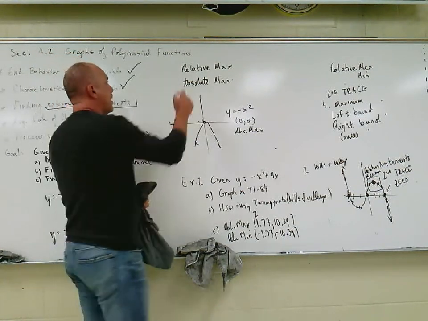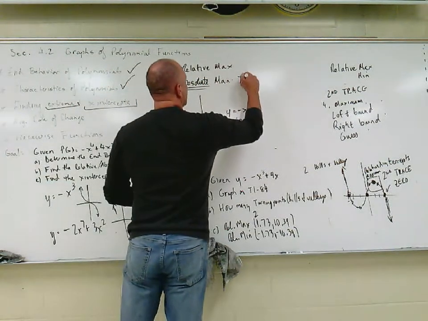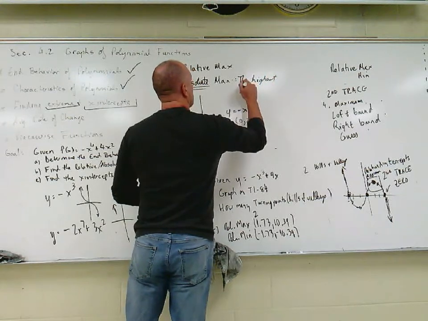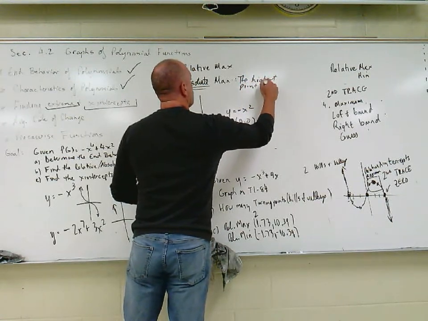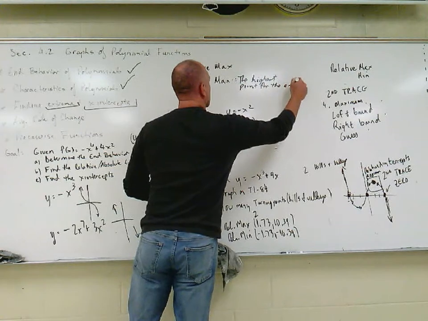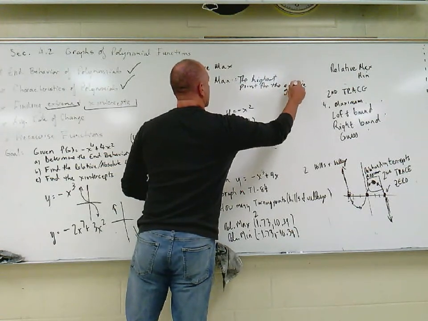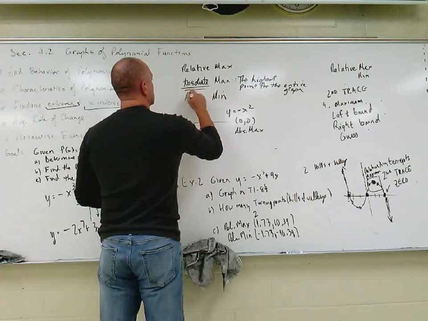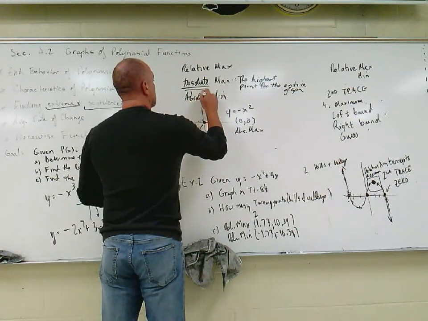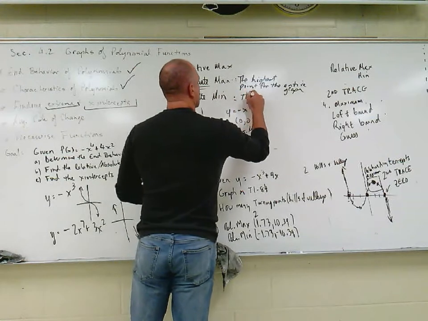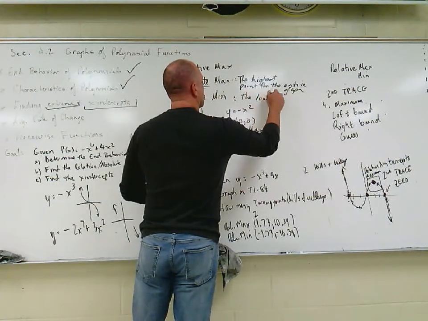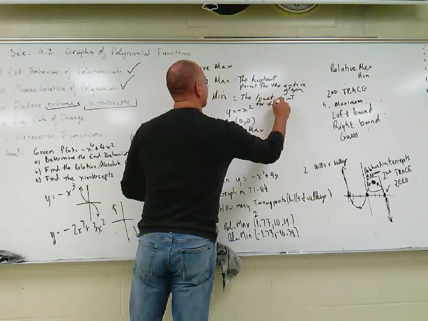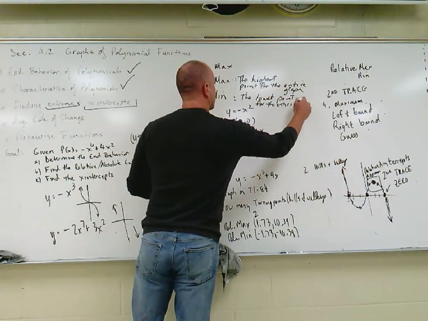So if we use the word absolute, it is the highest point for the entire graph. And then of course, min, we use the word absolute min. The lowest point for the entire graph.